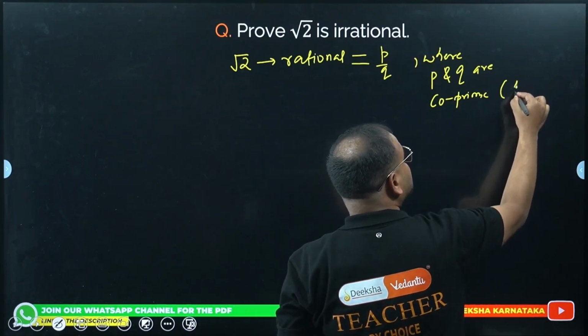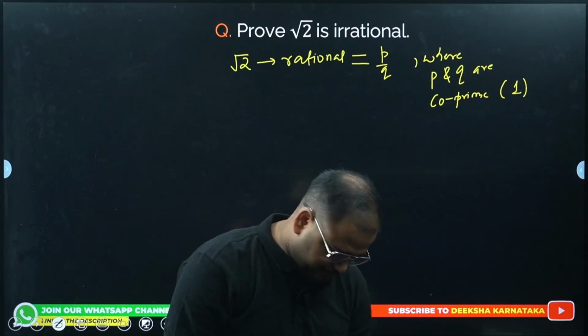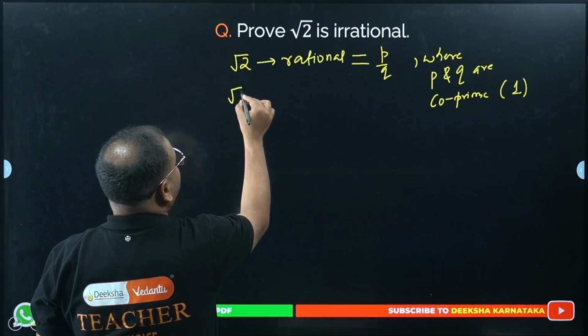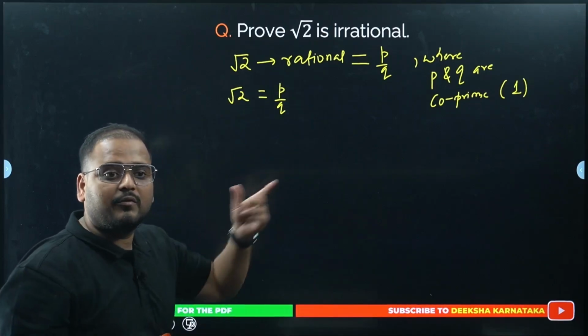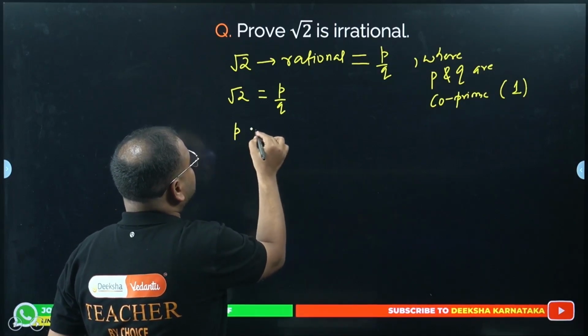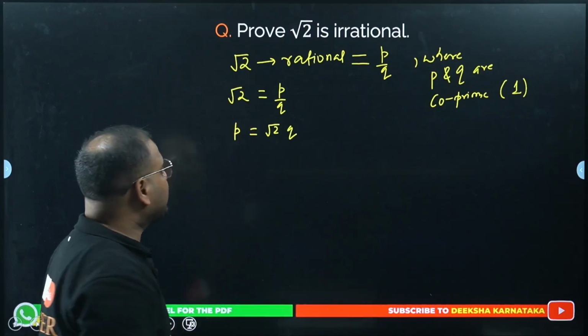Only one factor exists, which is 1. All right. So I can write this number root 2 as p by q. Now to simplify, we'll take q on the other side. We can write this as p equals root 2 q. Nothing, just taken cross multiplication.